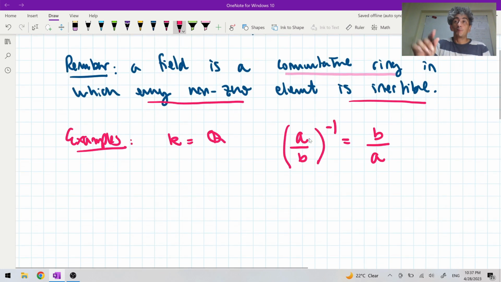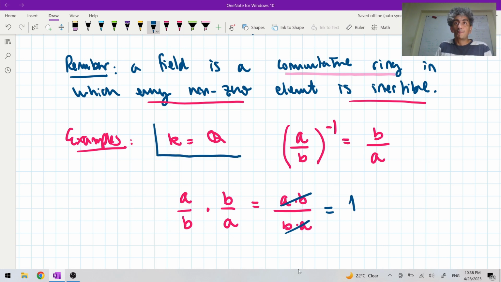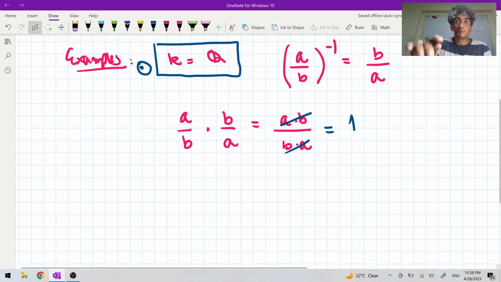If you multiply these two together, you get a times b over b times a, and these simplify out and you get 1. So this is one of the first fields that we learn how to use. That happens usually in middle school.